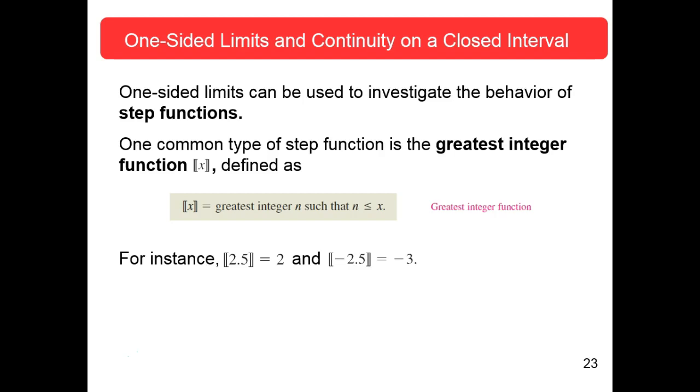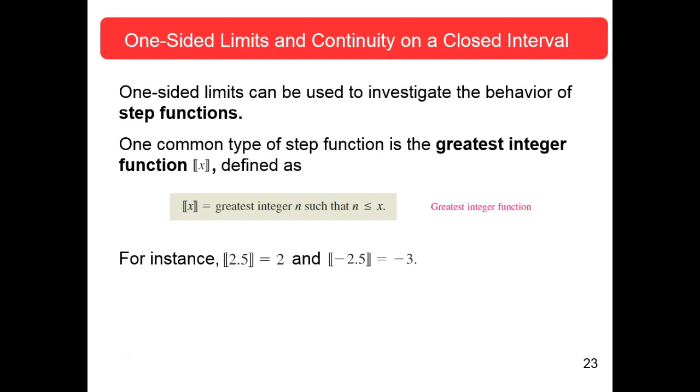When you go up a step, here, approach from the left, here, approach from the right. Two different values. If it were curved like that, no problem there. But these are definite steps, horizontal in between. No way that's going to be continuous. So one-sided limits can be used to investigate the behavior of those step functions.